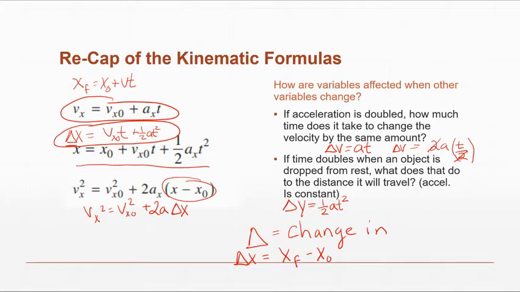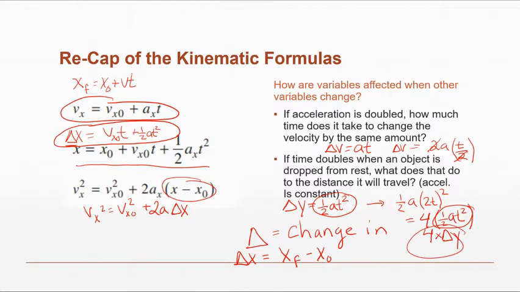If I double the time, what does that do to my distance? I have 1/2 a, and then my t is doubled, squared. That's going to end up giving me 4 times 1/2 at squared. Using substitution, we know that we've changed our y value by 4. So if I double my time, I quadruple my position change.